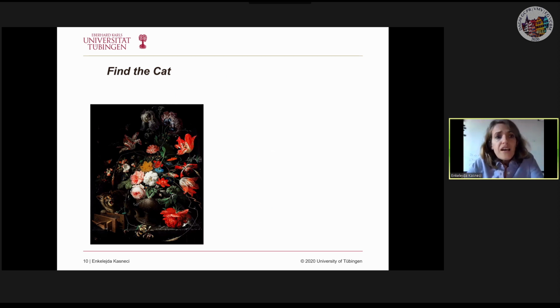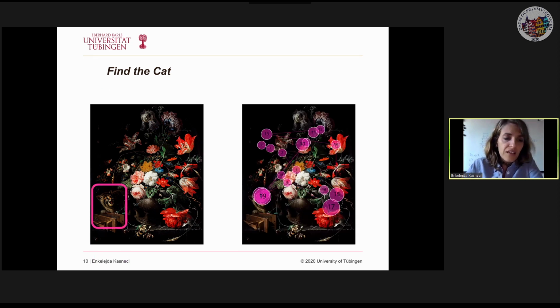Now I'm asking you a very simple task, namely to find the cat in this image. After a while, you have hopefully noticed that the cat is somehow hidden in the bottom left corner of the image.